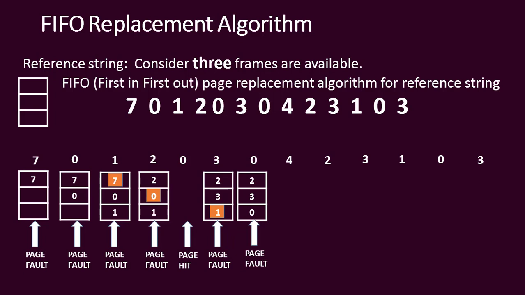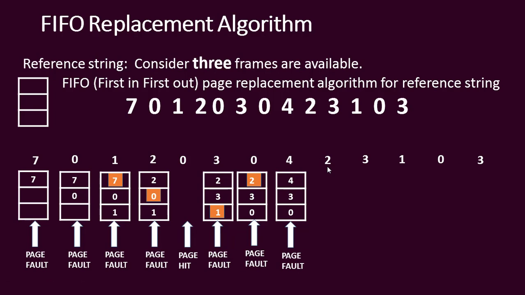Again we look to the left. Out of the 3 pages in the buffer, 2 is the oldest page, so 2 will be replaced by 4, as is shown.